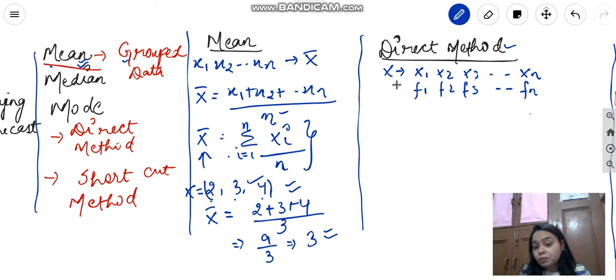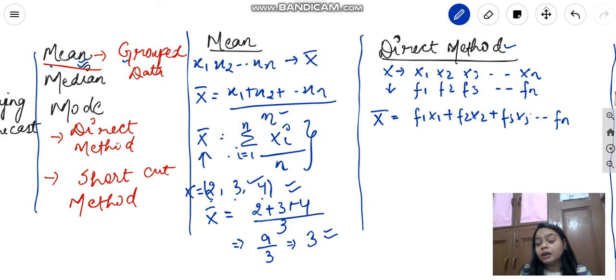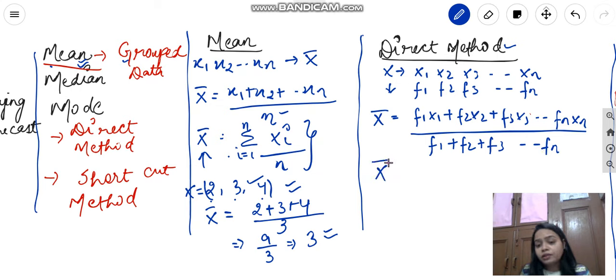Then the arithmetic mean for this variable x can be calculated as x bar equals f1 into x1 plus f2 into x2 plus f3 into x3 up to fn into xn, divided by f1 plus f2 plus f3 up to fn. In general form, we can write it as summation fi xi divided by n, where i ranges from 1 to n.